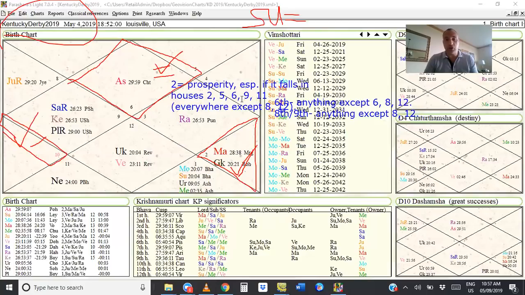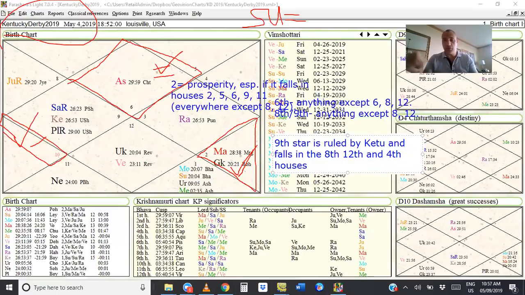Okay, so even though the 9th star is Parama Maitra, the great friend, for this chart, the 9th star is ruled by Ketu and falls in the 8th, 12th, and 4th houses, the 9th star from the moon, right? If the moon is in Bharani, then the star previous to it is Ashwini, which was ruled by Ketu. So it's the 9th in the Dasha order. So that 9th star then is going to be iffy. You've got to test it out.